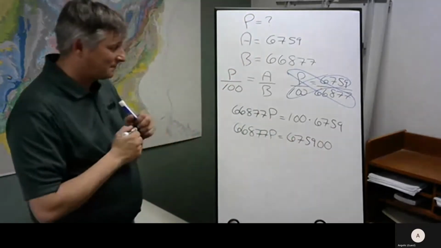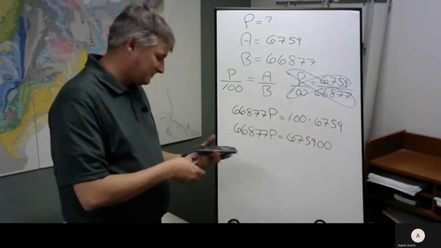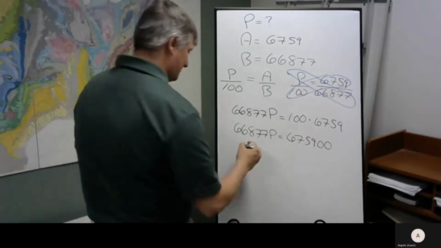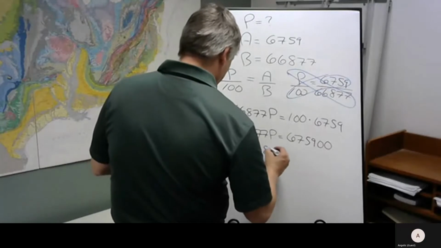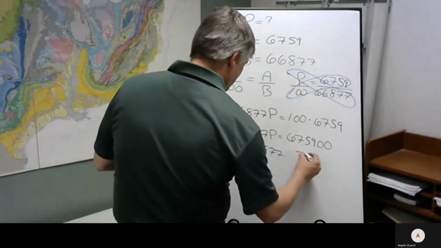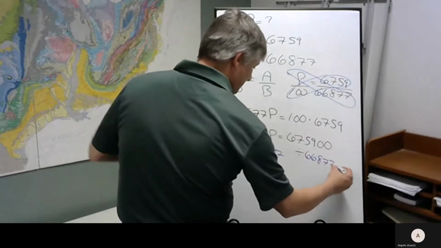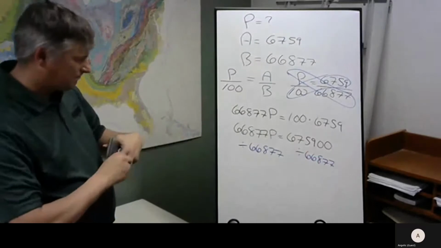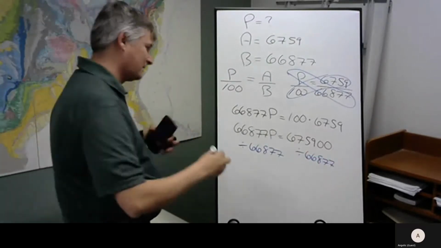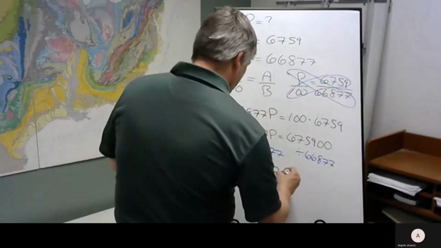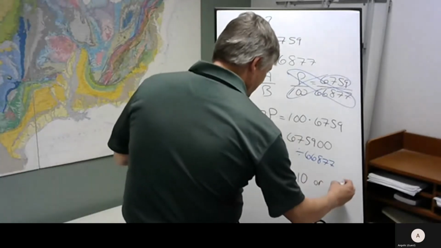And there we go. So we're going to do this division. And if we do the division, P comes out approximately to 10 or 10%.